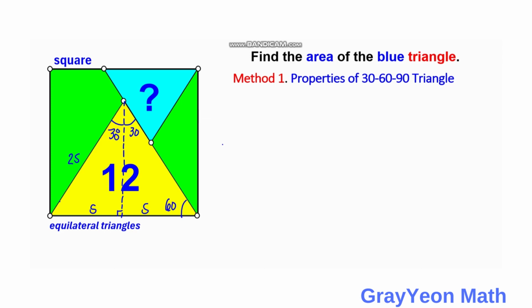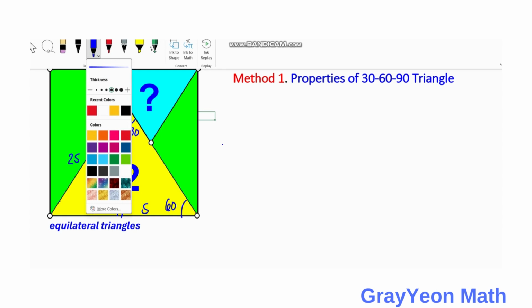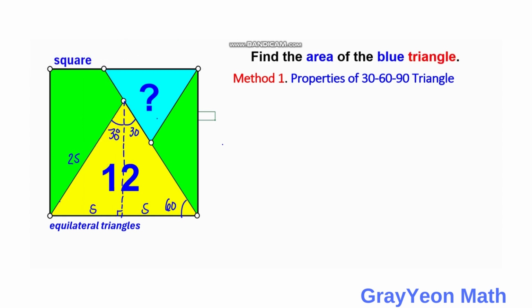If the side of this square is given to be 2s, then this vertical dimension should also be 2s. Since it is 2s, this can be divided into two parts, so this should be s and this should be s.